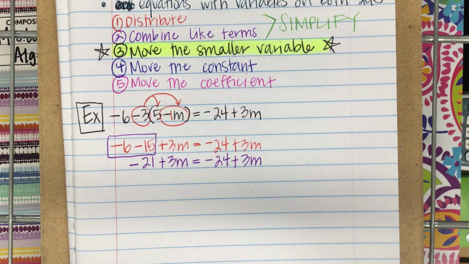So I did step 1, which was to distribute. Then I did step 2, which was to combine like terms. Now I'm on to 3, which is move the smaller variable. And then I would move on to 4, which is move the constant, and 5, which is move the coefficient.